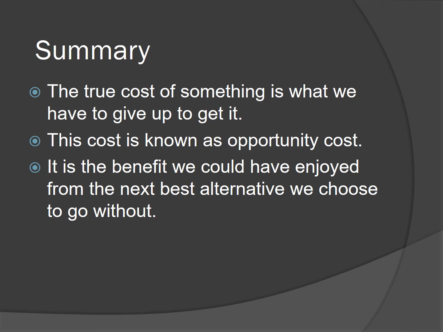The true cost of something is what we have to give up to get it. This cost is known as the opportunity cost. It is the benefit we could have enjoyed from the next best alternative we choose to go without.